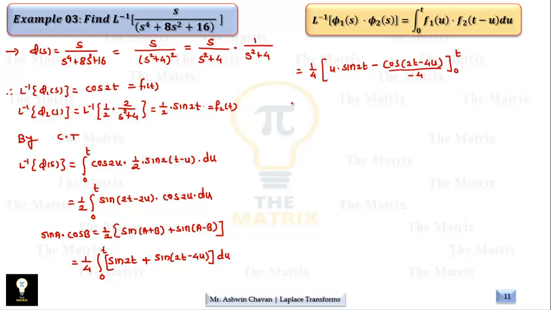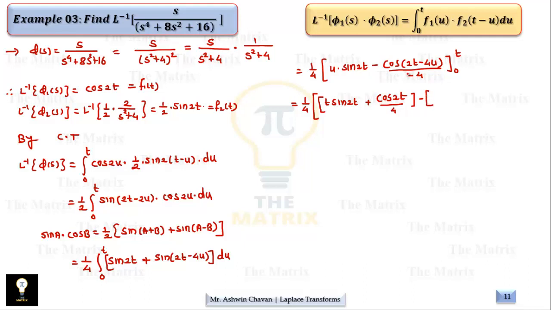Now we put the upper limit, that is put every u as t. So we get t sine 2t, this minus and this minus is plus, then cos of 2t minus 4t is cos of minus 2t, and cos of minus 2t is cos of plus 2t only, upon 4. This is the upper limit minus the lower limit.